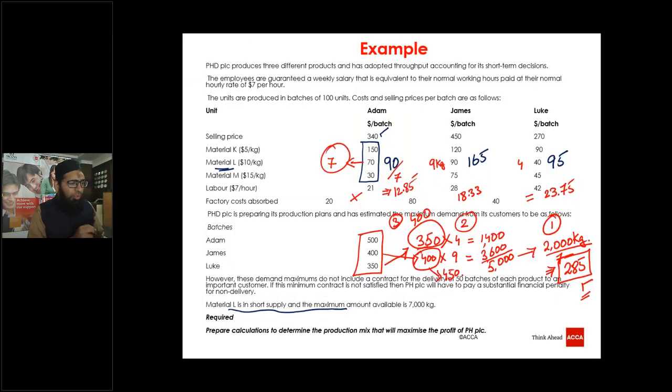So the lesson to learn over here is that in the multiple product situation, we will only be calculating the throughput accounting ratio when asked by the examiner. Otherwise, we will skip that because it will not affect my ranking.